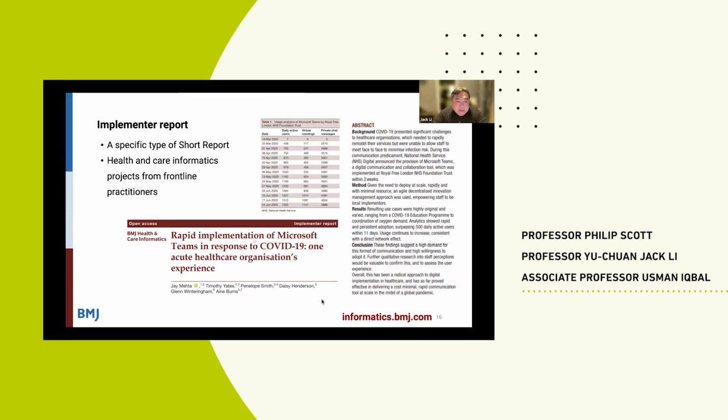The example is a rapid implementation of Microsoft Teams in response to COVID-19, one acute healthcare organization's experience. This is not original research, but rather a full-course experience of how to do this in a short period of time in response to the COVID-19 crisis or pandemic.